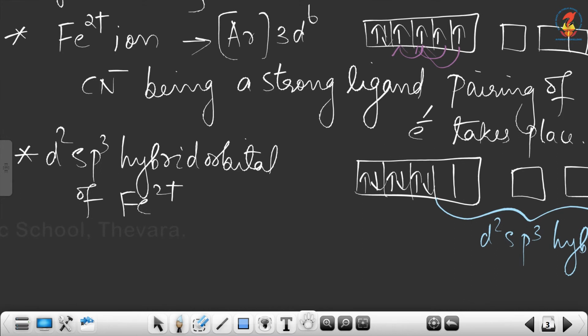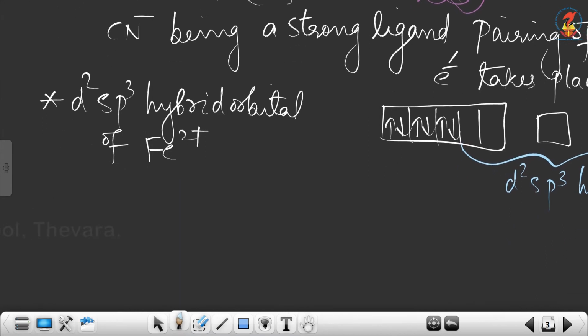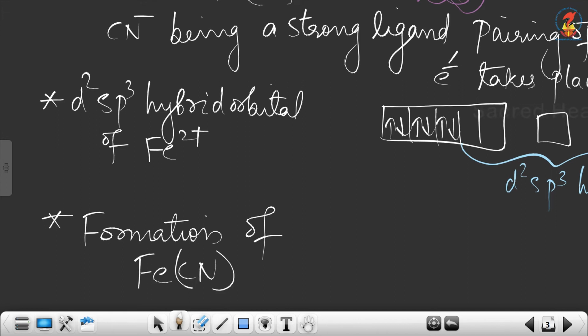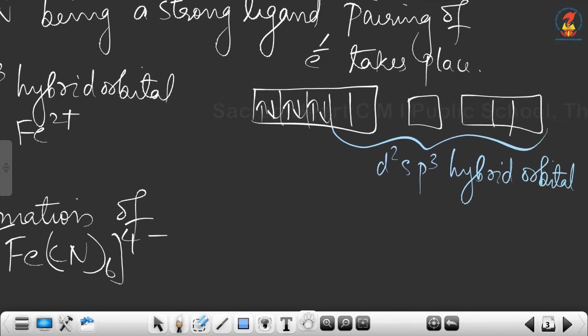Now next is the formation of the complex. Last step is formation of, what was the complex? [Fe(CN)6]4-. So how will you show that formation?